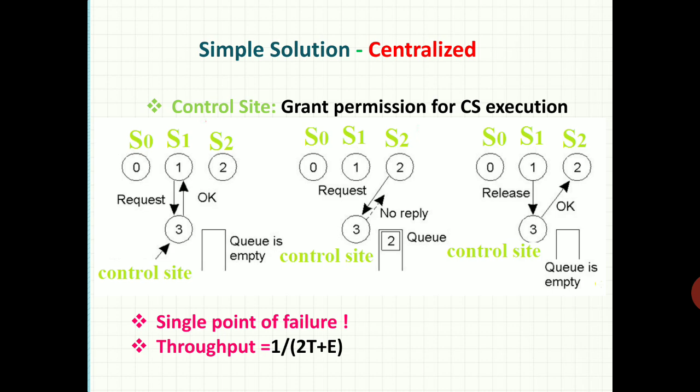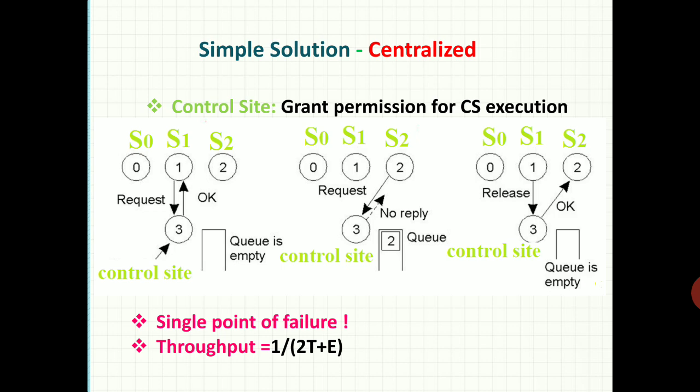That is one request message, then the permission (OK) message, then the release message to perform a critical section in this centralized method. This method has several drawbacks. The first one is the single point of failure. That is, here everything is controlled by a single coordinator called the control site.